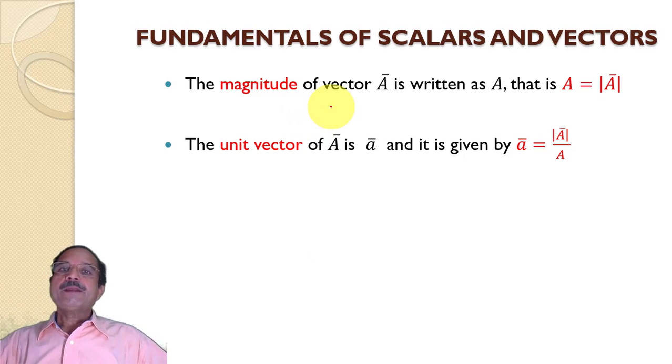The magnitude of vector A is represented as A equal to modulus of A bar, and the unit vector a is nothing but vector A divided by the magnitude of vector A. This is how we calculate the unit vector.